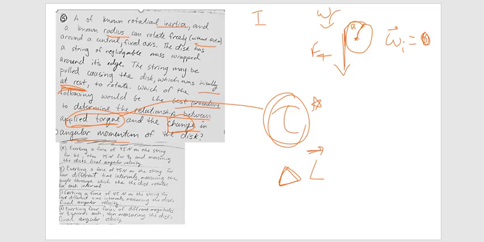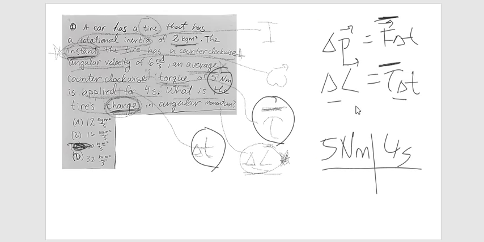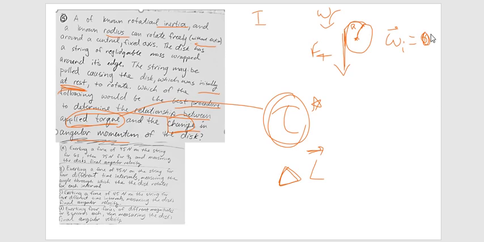Wait a second, this looks like one I saw a minute ago. Hey, look at this. Change in angular momentum and torque, and then you have time. That seems useful. I'm glad they asked that question. Be careful, sometimes they'll ask ones that aren't like that, but sometimes you can get information that way. Just read things carefully. So I'm going to say this has to do with torque, change in time, probably average torque.